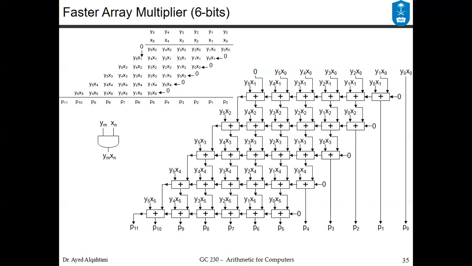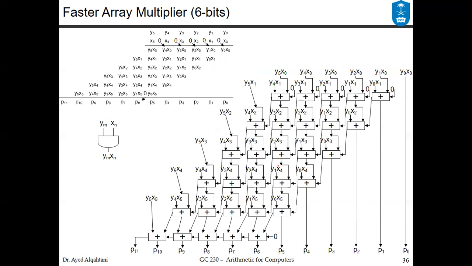Now, there is another implementation of the same array multiplier, and I think the idea is easy for you. The other idea is to do it this way. Notice that now we copy the first row, which is this one, right here.